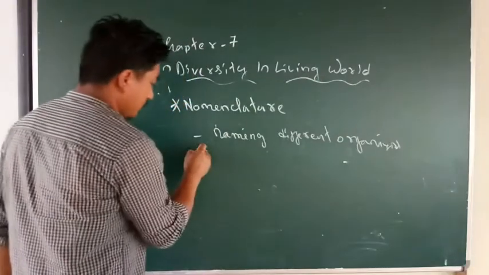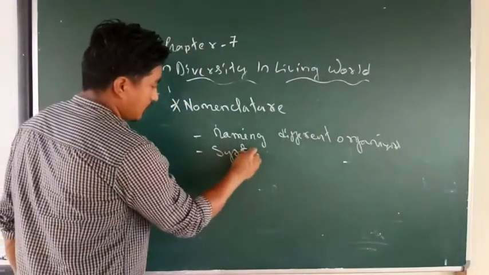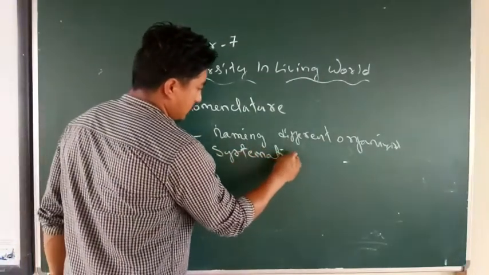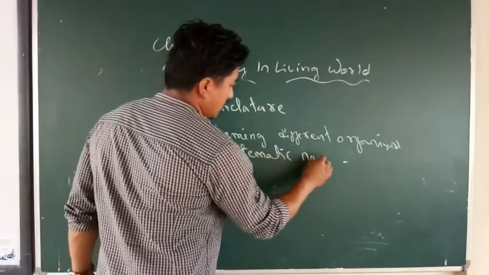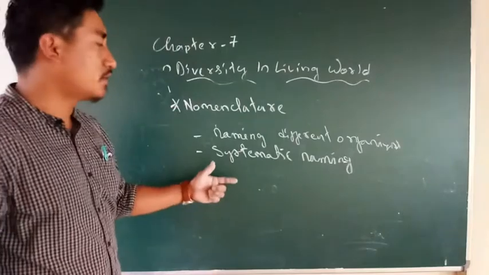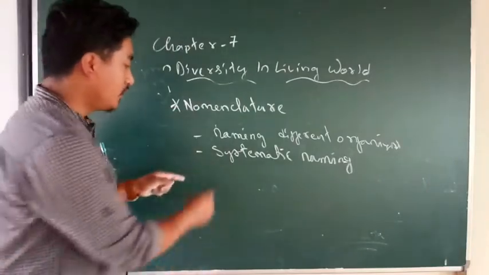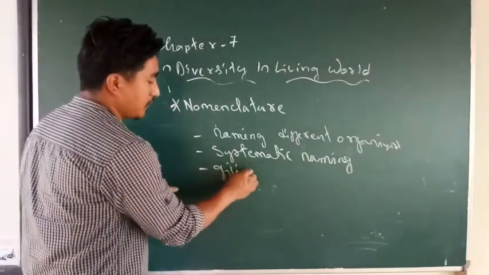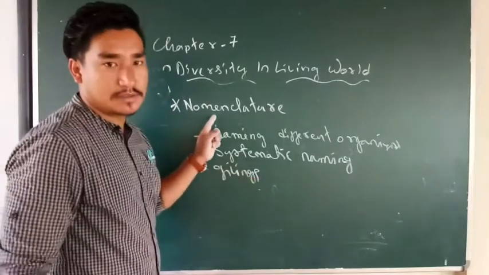Or we can also say the systematic naming of different organisms is called nomenclature. Giving names to different animals, that is called nomenclature.